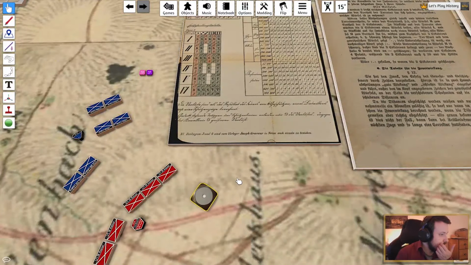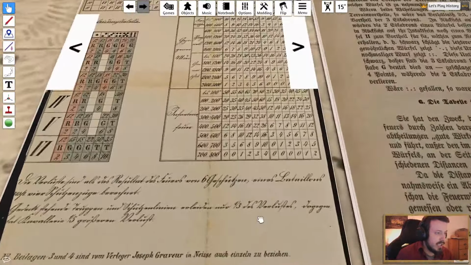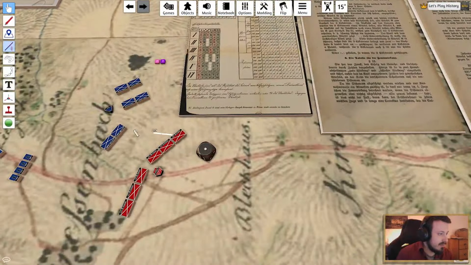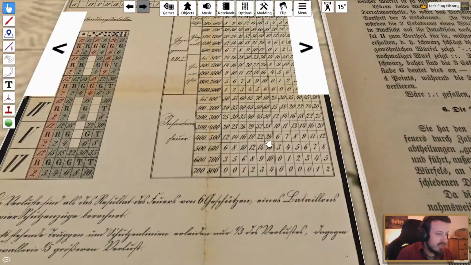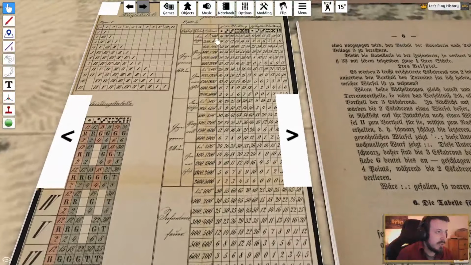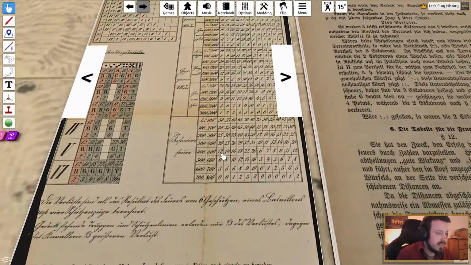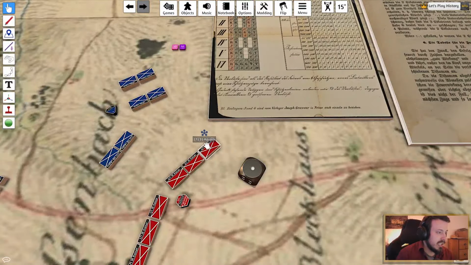Okay. So we roll a d6 for these guys. It's a 1, which is really, really bad. We said 500 to 600, didn't we? Well, 400 to 500. We cross-reference, and at good effect, because they are in a good position, that would be 12 points of losses. But then again, we would probably reduce that.